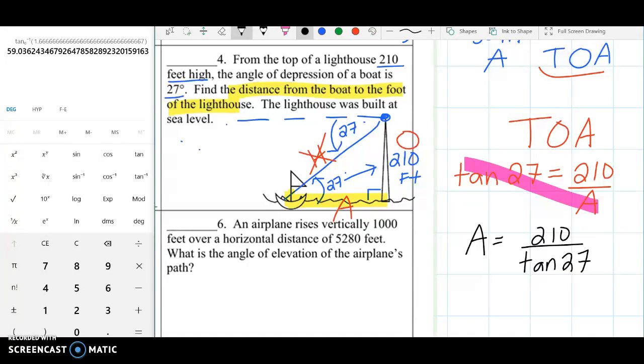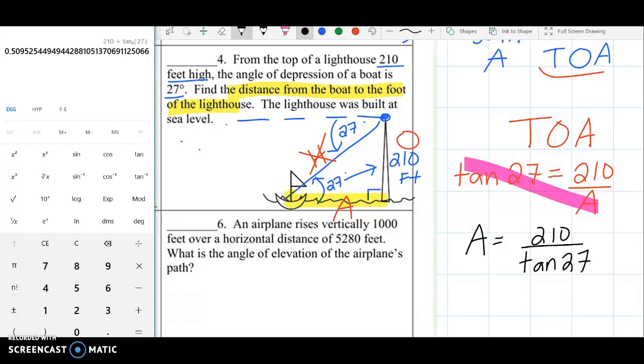Now, this is all calculator work, so watch how we put it into a calculator. We're going to type in 210 divided by, now we need the tangent of 27. We're going to click the 27 button first, that's going to be our degree. And we're going to tell our calculator to take the tangent of that 27, so we click tan. And you'll notice it's giving you a decimal. That's the tangent of 27.